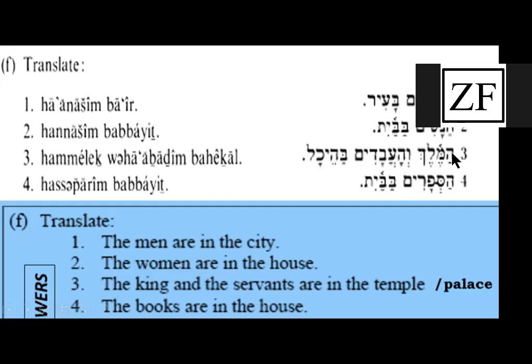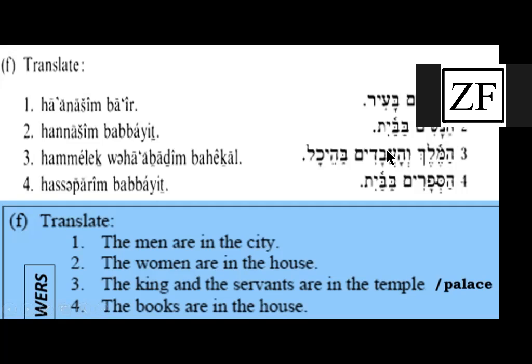Okay, Hamelech is, what is Melech? King, and Ha means the. So this is the king. Okay, Avadim means servants, and the in the front is the conjunction, the word and.